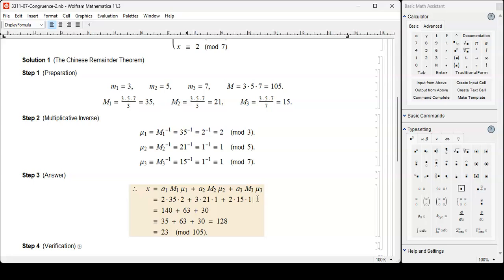In the end, we get 128, that's congruent to 23 modulo 105. So, step 1, capital M1, capital M2, capital M3. Step 2, their multiplicative inverses. Step 3, the final answer.